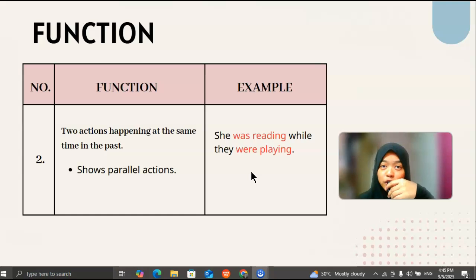So you want to tell your friend that while you were reading in your room, your brothers were playing outside with their ball maybe. So that is explaining parallel actions, two actions that are happening at the same time. She was reading while they were playing at the same time. In the past, yesterday, for example.